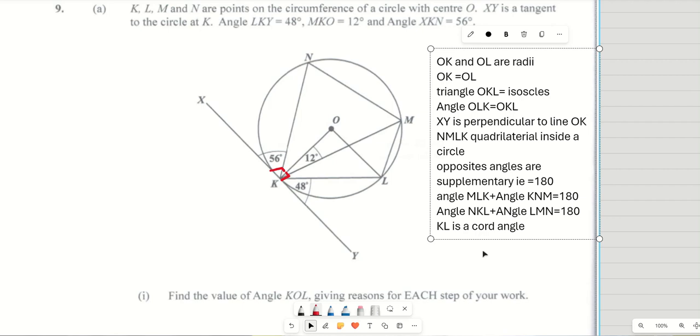The angle KOL is at the center of the circle, and we know the angle at the center of your circle is twice the angle at the circumference.